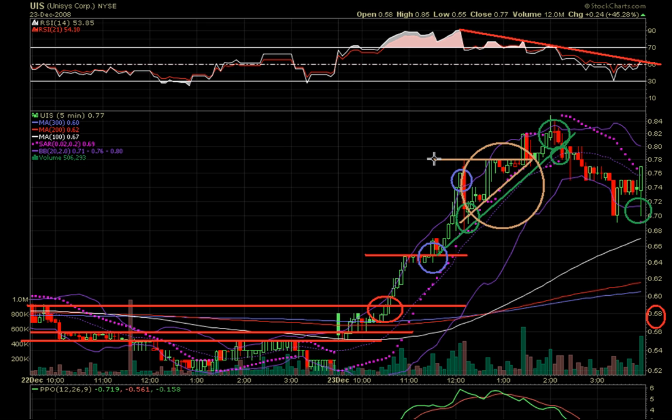Support, trend line, resistance, breakthrough. You could ride that out, or you play it and you say, it's fighting pretty hard there at that resistance, I'm selling. You're going from 58 to 78, walking away with 20 cents per share. Very, very nice trade.